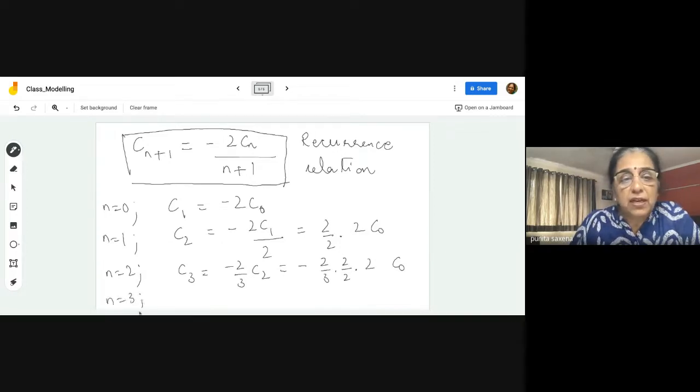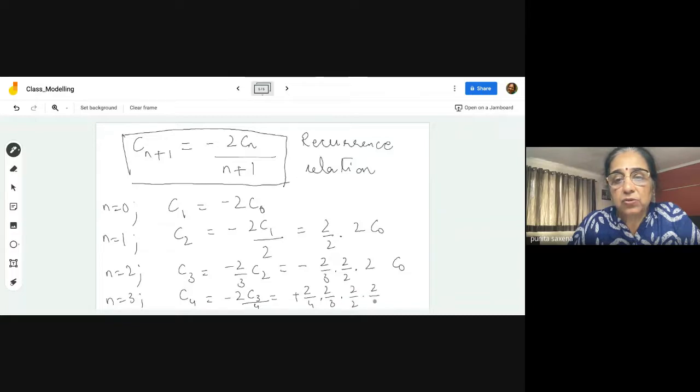See what happens when n is 3. What do you get? C4. Now n is 3 means minus 2 C3 upon 4, which is nothing but minus 2 by 4 into minus, minus will make it plus, into 2 by 3 into 2 by 2 into 2 by 1 C naught. Are you getting what I'm trying to write?